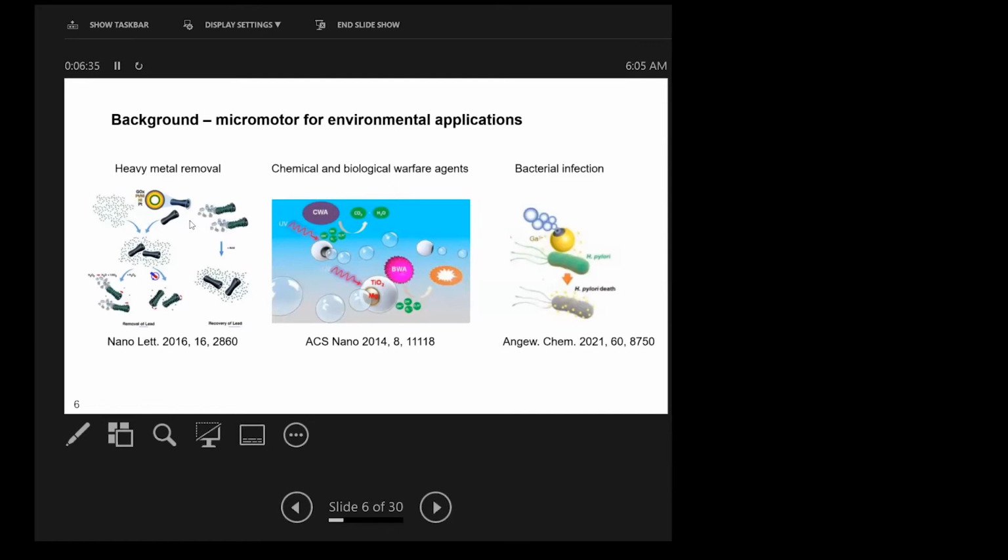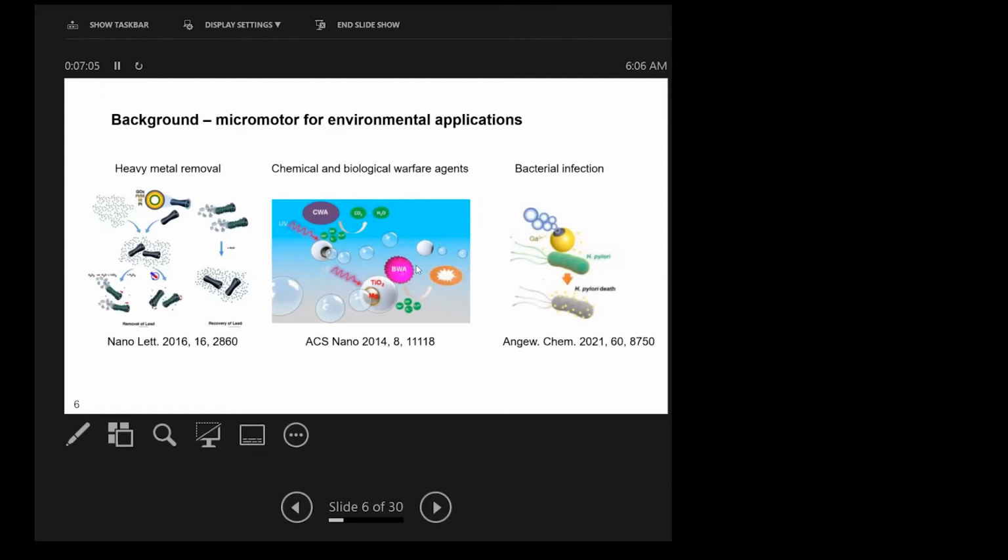For example, the first example shows the Sanchez group used graphene oxide-based microrobots as an active self-propelled system for the capture, transfer, and removal of heavy metals. The active motion of graphene oxide platinum motors improves the mixing and mass transfer, and also enhances the rate of various remediation processes.